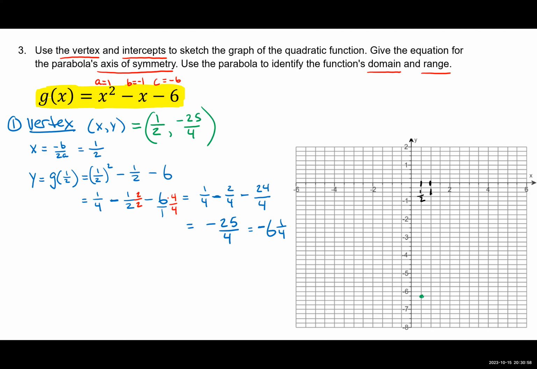Maybe I'll use green. All right, so that's the vertex, 1/2, comma, negative 25 over 4. That's one point on our parabola.